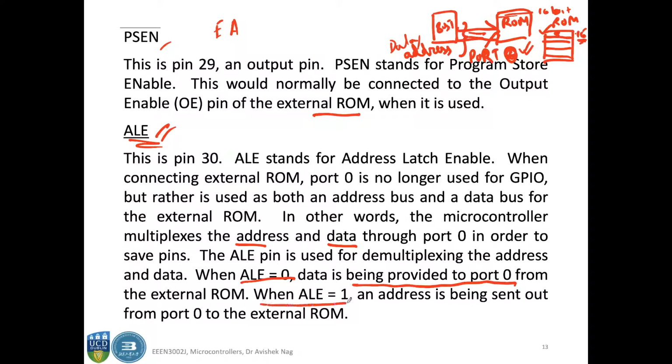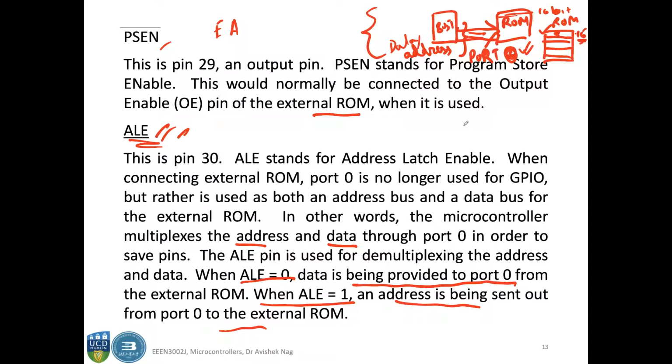When ALE is 1, an address is being sent out from port 0 to the external ROM. Okay, so we will study these in more detail when we study interfacing of the microcontroller with an external ROM. But now, just to give you an idea of the function that this ALE pin performs, I just tried to draw this and explain it to you.